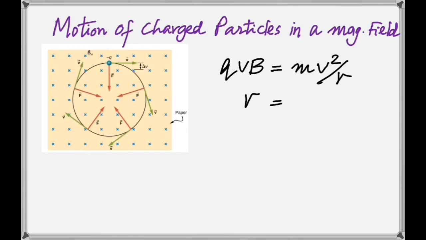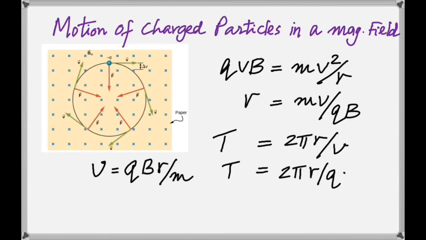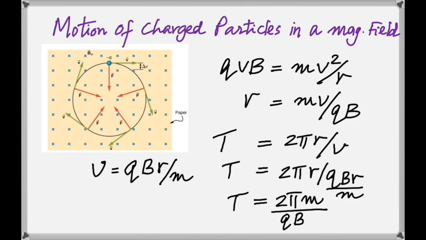Remember, I'm not teaching you, I'm just reviewing. That's why I'm going fast. We did all this. So the force is now this, and then you can make the radius the subject. And the time period is the time taken for one rotation, which is going to be given by this. And then when you substitute, after all the cancellation, you get 2 pi m by qB.